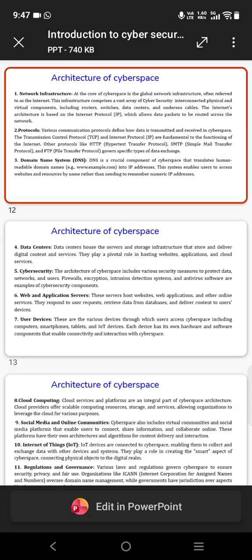Now let us see about the architecture of cyberspace. The first one is network infrastructure. At the core of cyberspace is the global network infrastructure, which is often referred to as the internet.